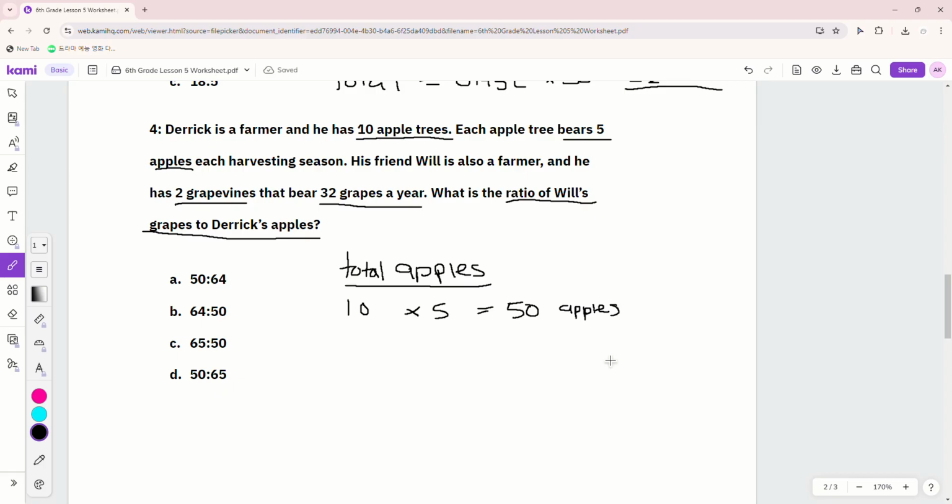And next, you would have to calculate the total amount of grapes. Meaning you have to do 2 of the vines times 32 of the grapes per vine. And this gives 64 grapes.